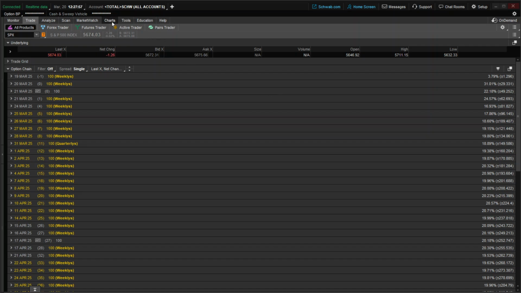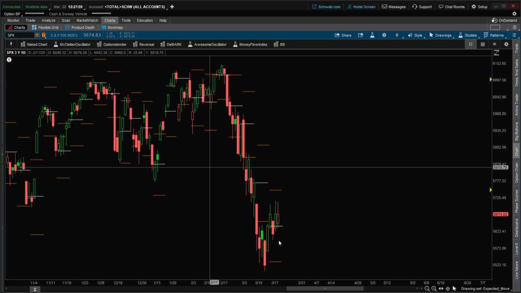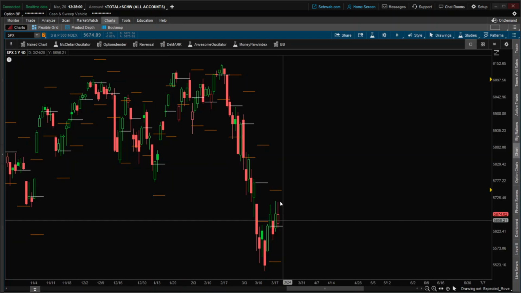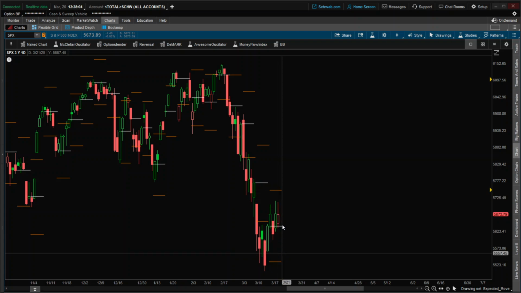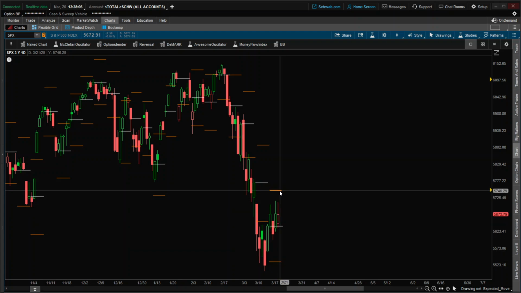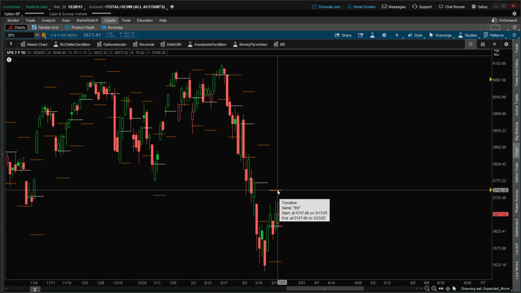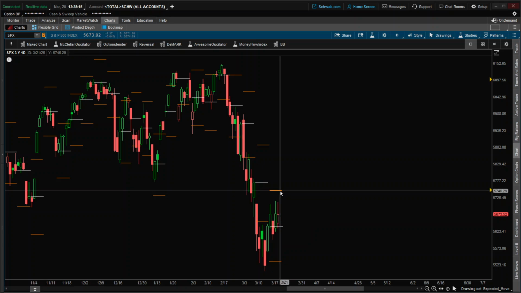Now, I think that they may have this a little bit wrong. I think that we're going to hit one of these sides of the options expected move, and I'm biased to the upper end, and that's about 5,750. Now, as I talked about in yesterday's video, that's going to be a very important number.